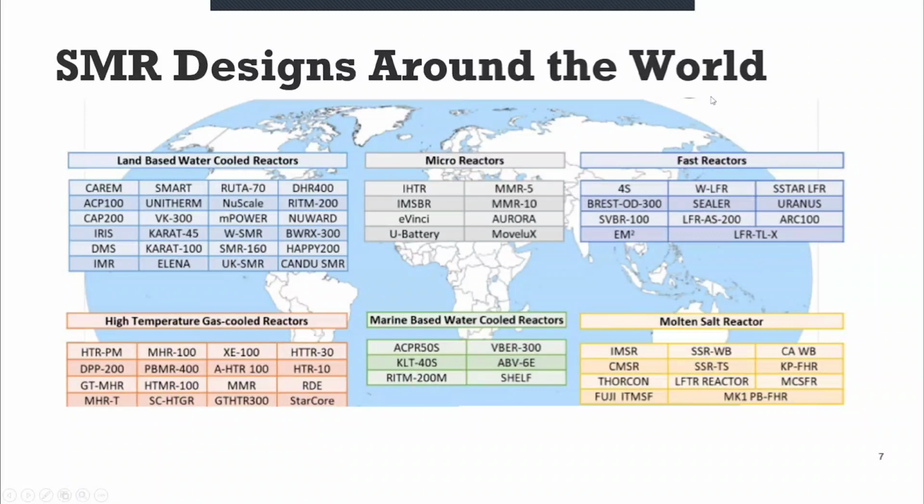These different designs around the world give a broader perspective: we do not have only one design being used, but technology is being developed in different aspects. And with a combined solution, small modular reactors are a reality.